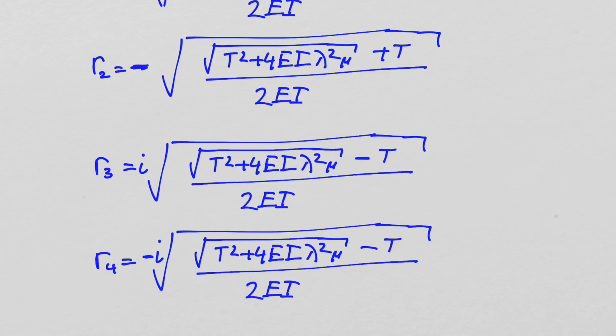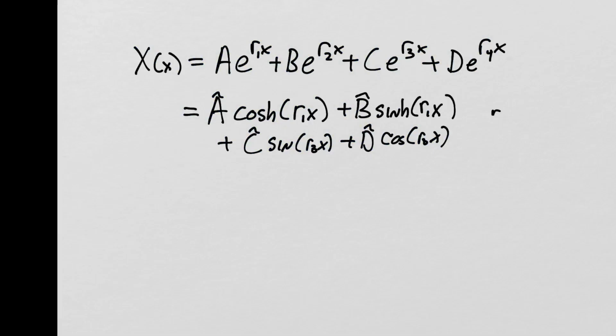So I guess the way to write this is IR3 equals I times this, and IR4 equals this. And now R3 and R4 are defined correctly. Okay, good. So now we've got it right.